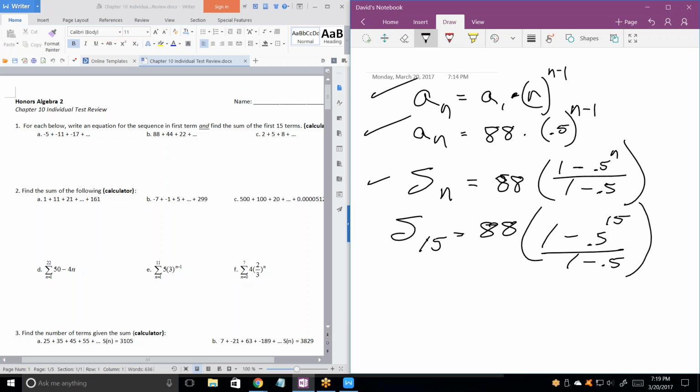You see why it makes more sense to do 1 minus r to the nth instead of r to the nth minus 1? I can't really imagine why she would do it that way, because r is always less than 1, and when you take it to a power, it just gets smaller. So if I want a positive numerator and a positive denominator, I'm going to do 1 minus r to the nth.